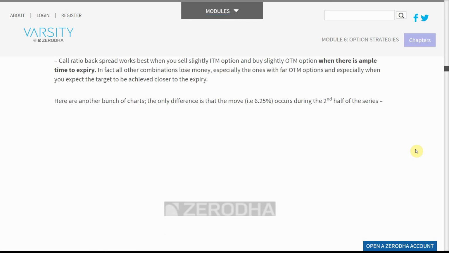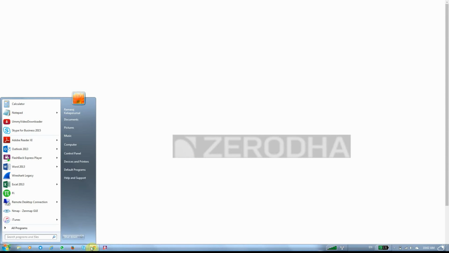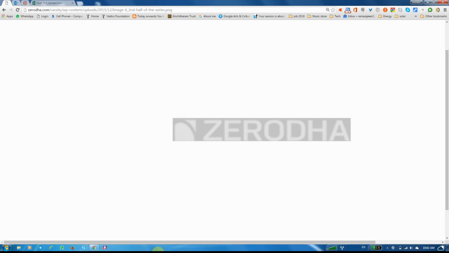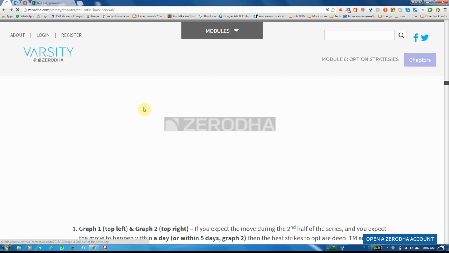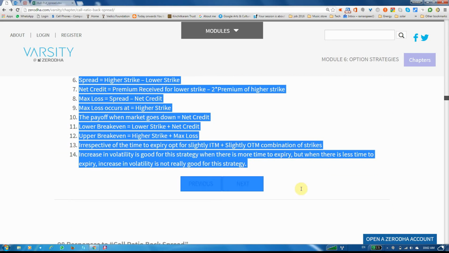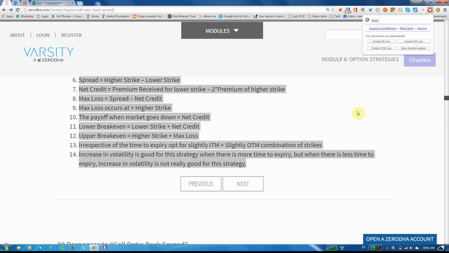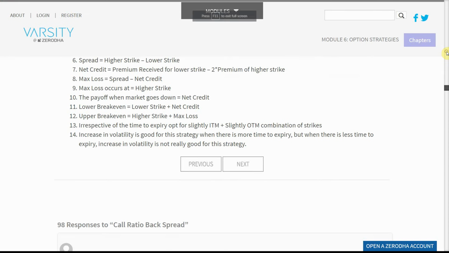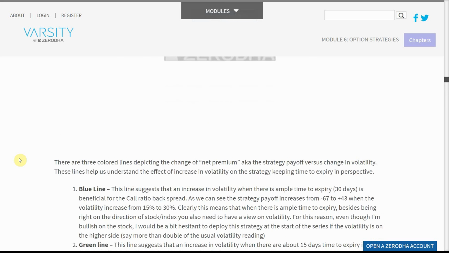Graph 1, top left, and Graph 2, top right, if you expect the move during the second half of the series, and you expect the move to happen within a day or within 5 days.